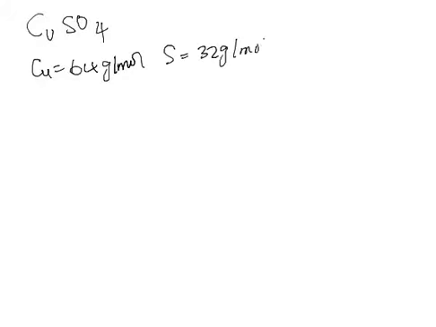using the given values. We have copper to be 64 grams per mole. We have sulfur as 32 grams per mole. We have oxygen, of course, as 16 grams per mole. We're also given a mass of 40 grams.